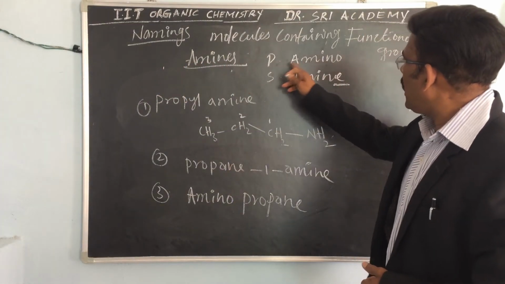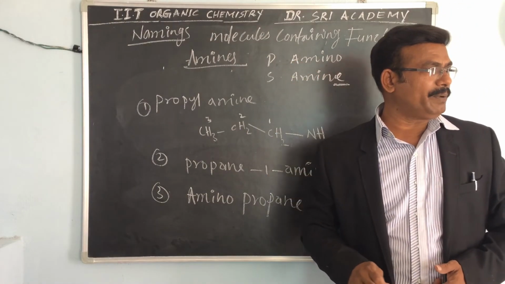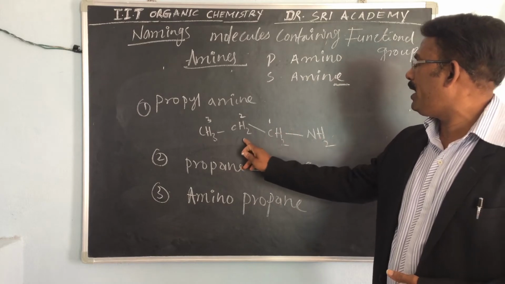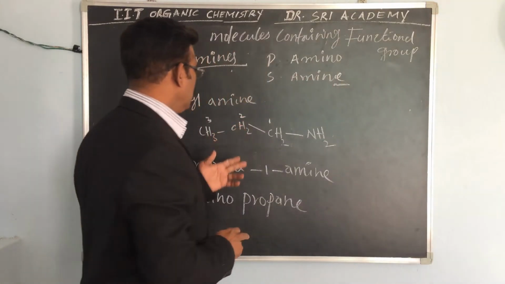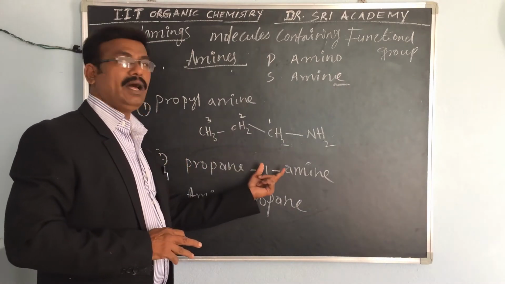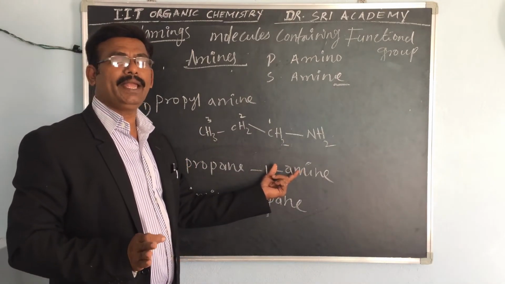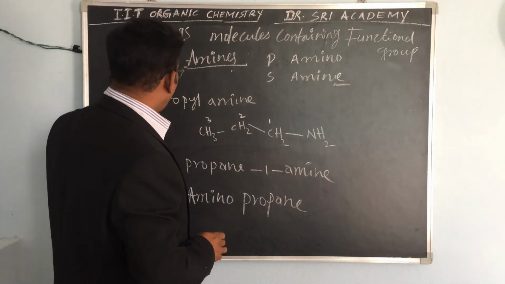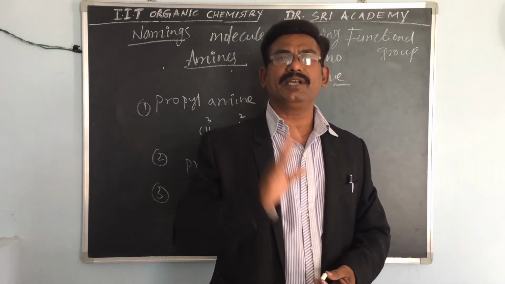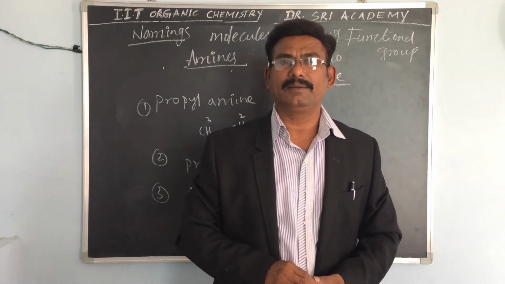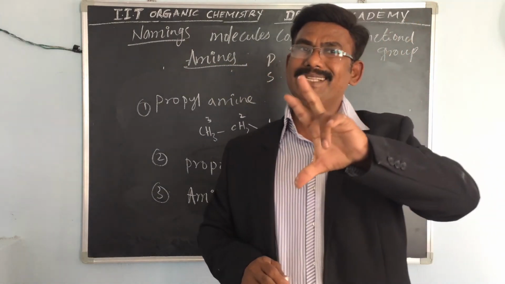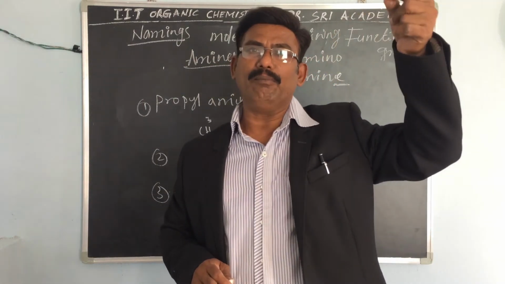If you start with prefix, that is aminopropane. If suffix, that is propane 1 amine. Propyl amine. Three names are there. So this is just the starting general naming of amines.